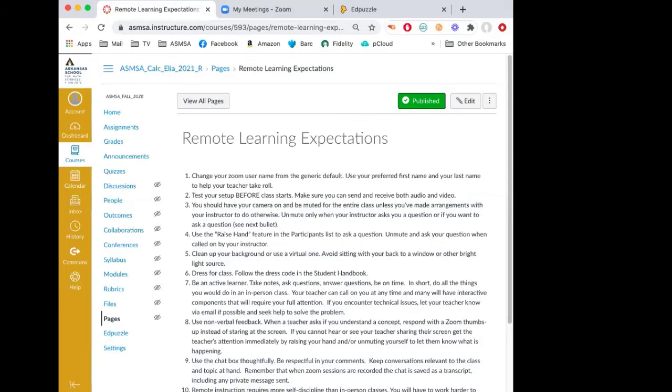Make sure you clean up your background a little bit. You don't want to be too distracting, with things going on like people passing or things happening in the background that could distract other people from learning calculus. I realize that sometimes online learning is much more challenging than learning in class, because you do have distractions.